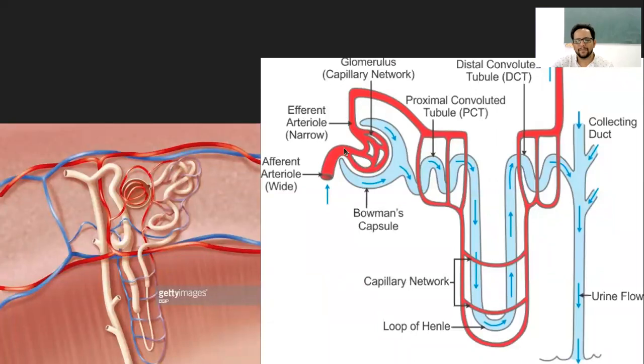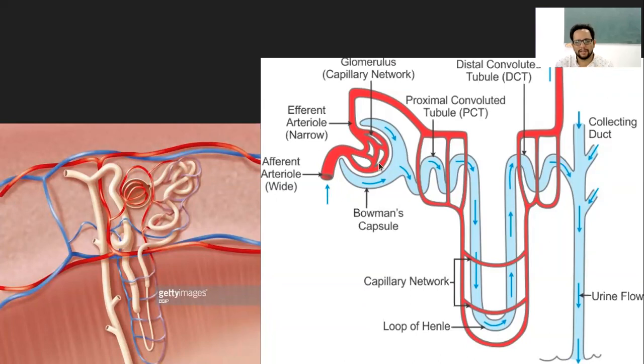So what happens is, due to the difference in the diameter of the afferent arteriole with respect to the efferent arteriole, you can see this is relatively bigger in diameter, this is relatively smaller, wide and narrow, right? So when the blood passes through this and then there is a smaller diameter, it increases the pressure in this capillary network, that is the glomerulus, and because of which the blood is kind of squeezed out.